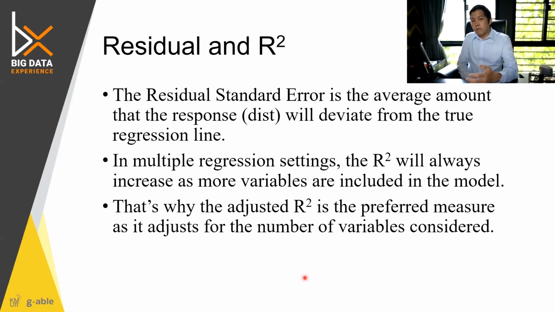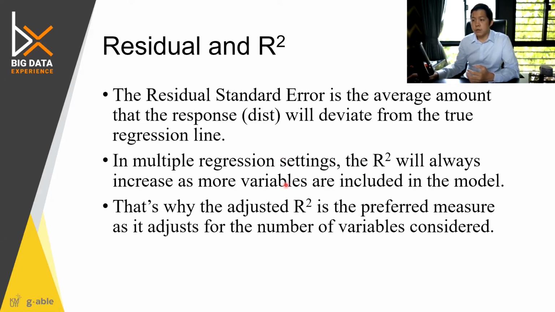So you have residuals as an evaluation, and we have r square as an evaluation. The residual standard error gives you the deviation from the regression line, right? For r square, a higher r square gives you a better model.